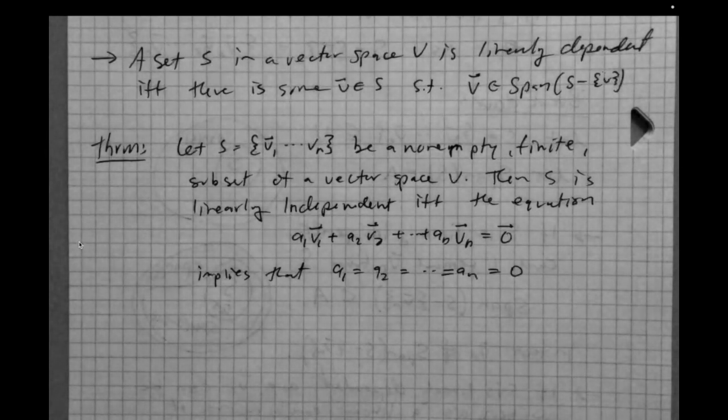So this is the key way to test for independence. If I'm given a subset S of a vector space, I can always just crank out this equation, and if this equation has only the solution of 0 for the coefficients, then S must be linearly independent.